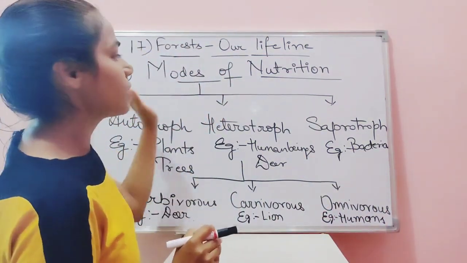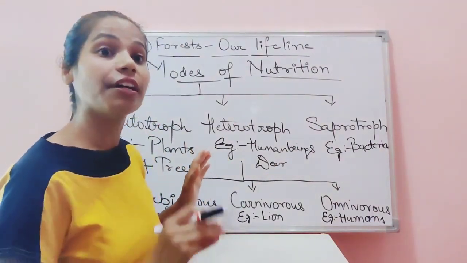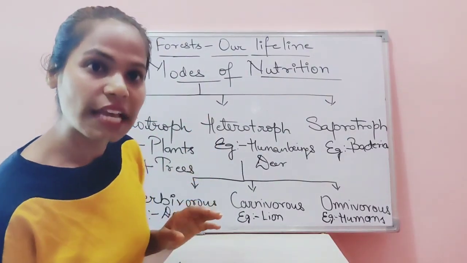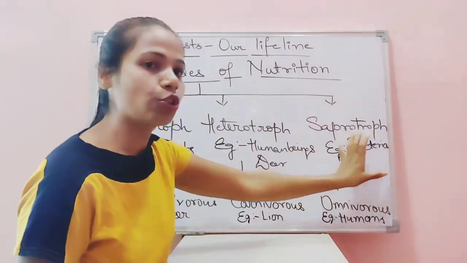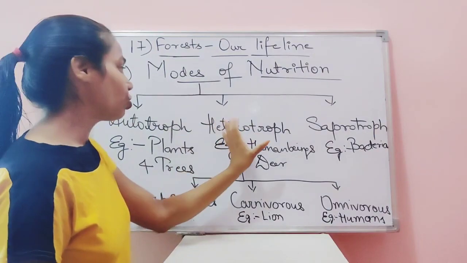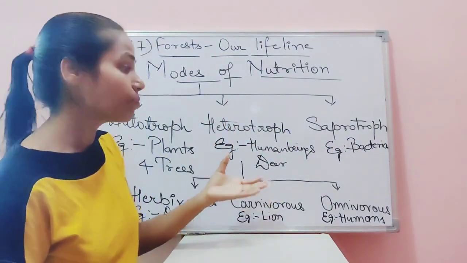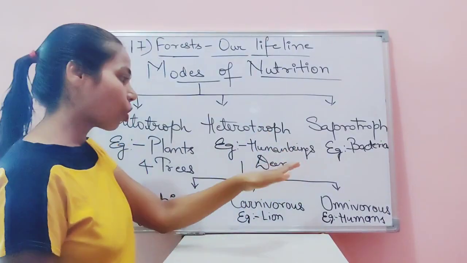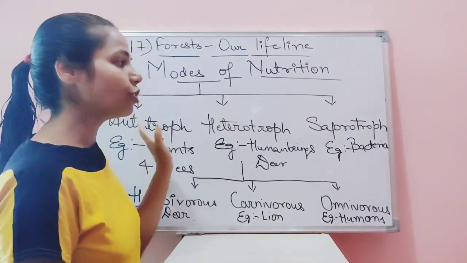Okay. So this is the main mode of nutrition that we are going to find under the different organisms, that is plants as well as animals. Autotroph, heterotroph, saprotroph. Autotrophs are the plants and the trees. Heterotroph and saprotroph are the different animals and organisms. Heterotroph is dependent upon plants and animals for their intake of food.